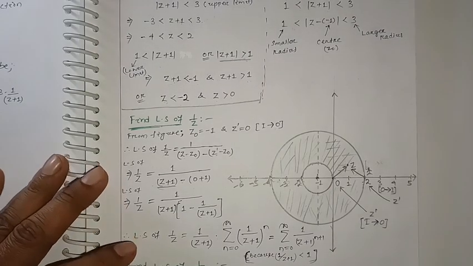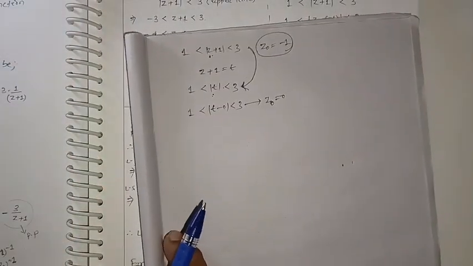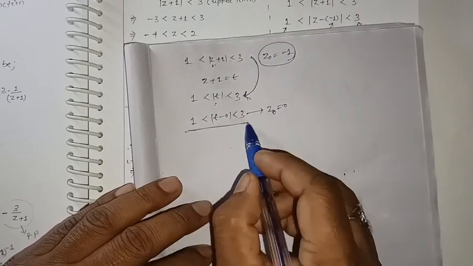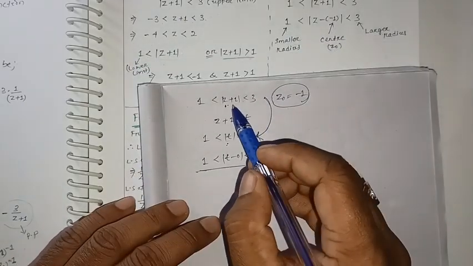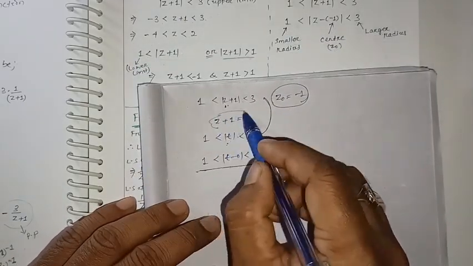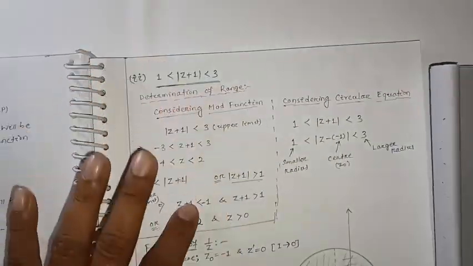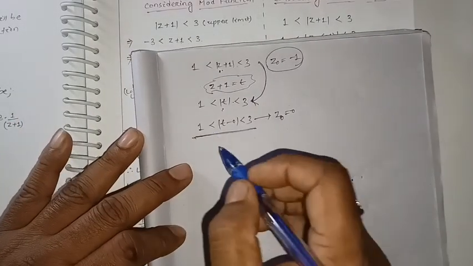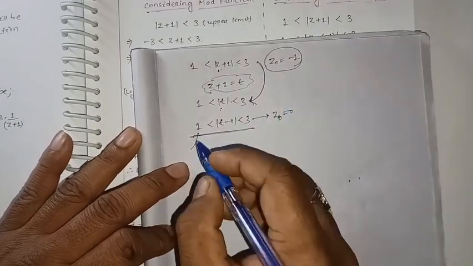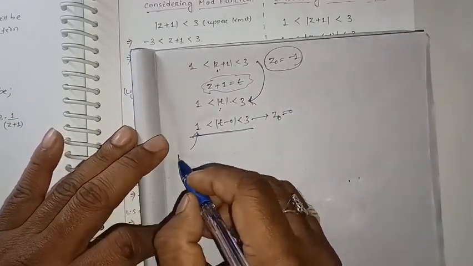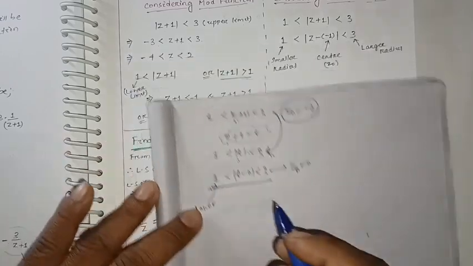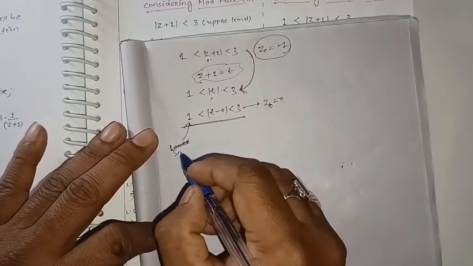Now I'm going to validate. Just watch. For this case, after substituting t equal to z plus 1, we found this one. I'm not going to go by the mod function by finding the range. I'm going to go by the circular equation. So this is your smaller radius.